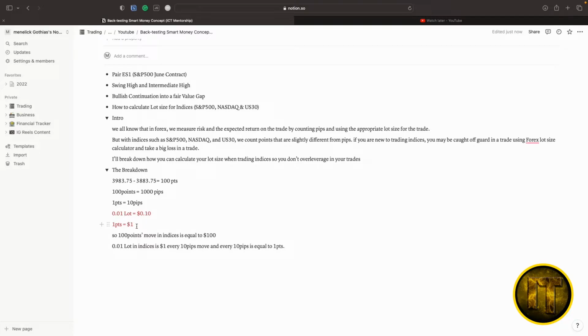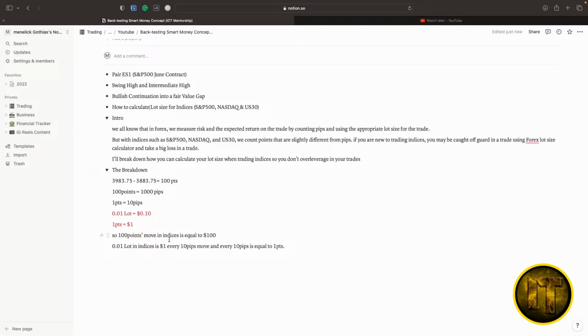If you are trading S&P 500 on MT4 and risking a lot size of 0.01, and the price moves from 83 to 82, you will be making $1, or if it moves from 83 to 84, you will be losing $1. That is 1 point, which in terms of pips is 10 pips every time this changes.